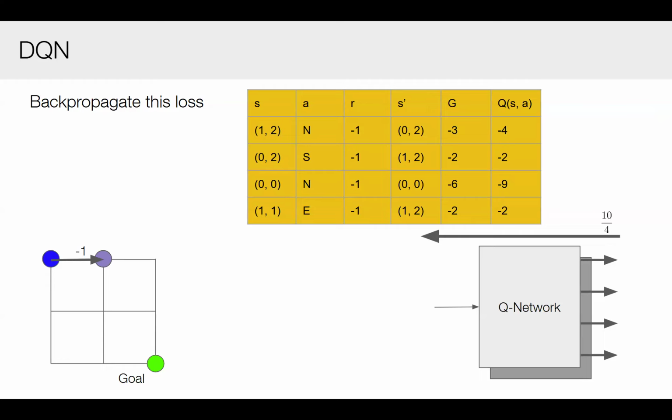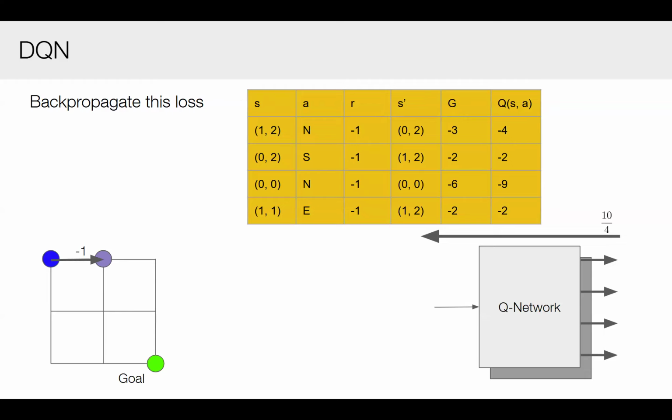And the answer is not exactly. Because if you'll notice, the values G and Q of S comma A aren't getting stored. There's a reason we calculate these in real time, and that's because our neural network has changed. The only thing we store is this history. These 4 values just represent a decision that we've made. So this value of G, after we've done this update, could be something completely different because we've updated our neural network.